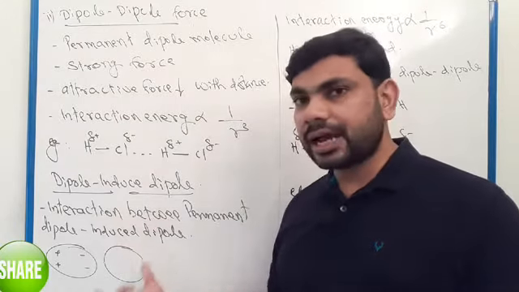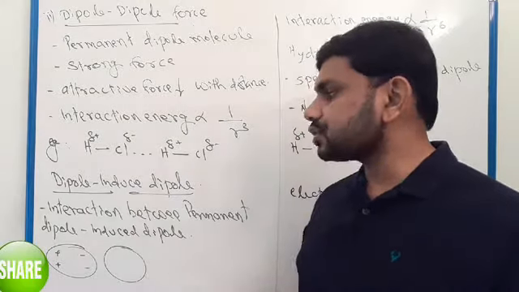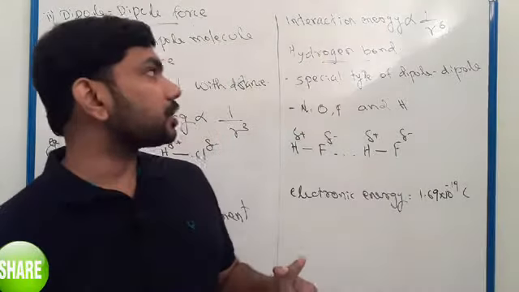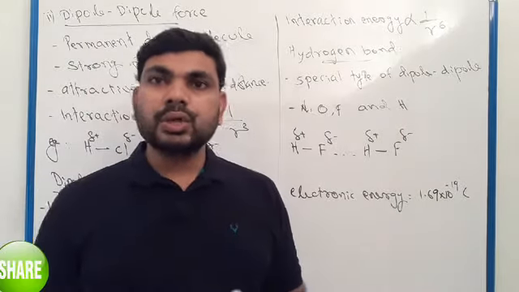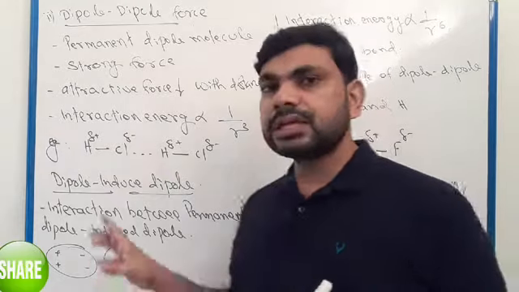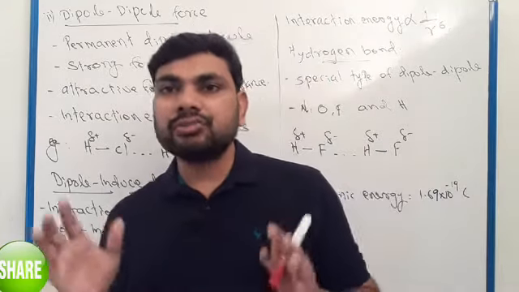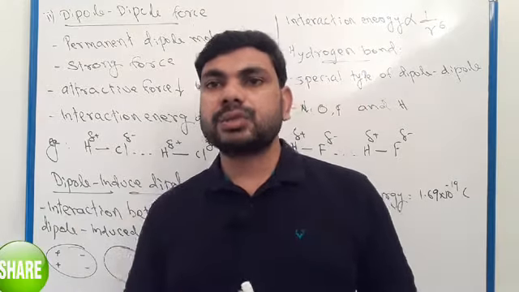Also here the interaction energy is directly proportional to 1 by r raised to 6. So remember, if there is any non-polar molecule, the interaction energy is directly proportional to 1 by r raised to 6.